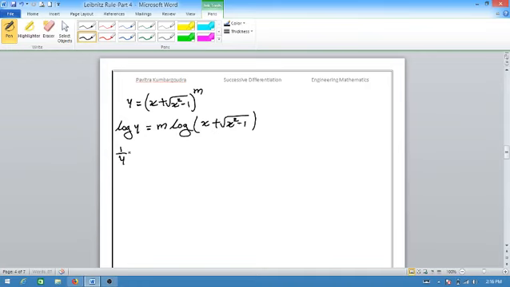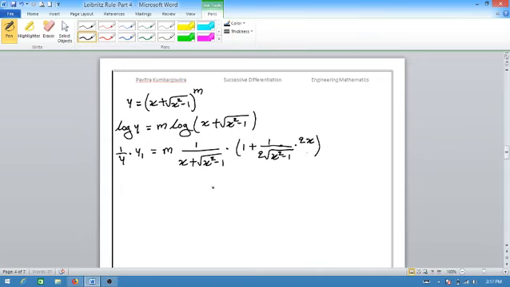That is 1 by y into dy by dx, that is y1, is equal to, m is constant, differentiation of log is 1 divided by x plus root of x square minus 1, into differentiation of x plus root, so that is 1 plus 1 divided by 2 root of x square minus 1, into differentiation of x square minus 1, which is 2x.